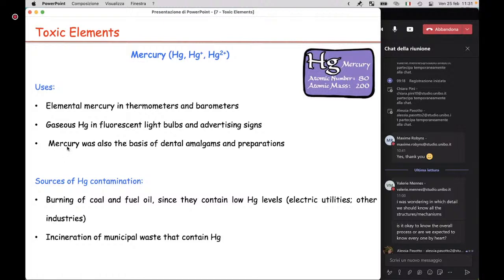And it was also used in dental amalgams. An amalgam is a mixture of mercury and another metal that can form something like a paste, something like a metallic glue that was used to close holes in teeth.